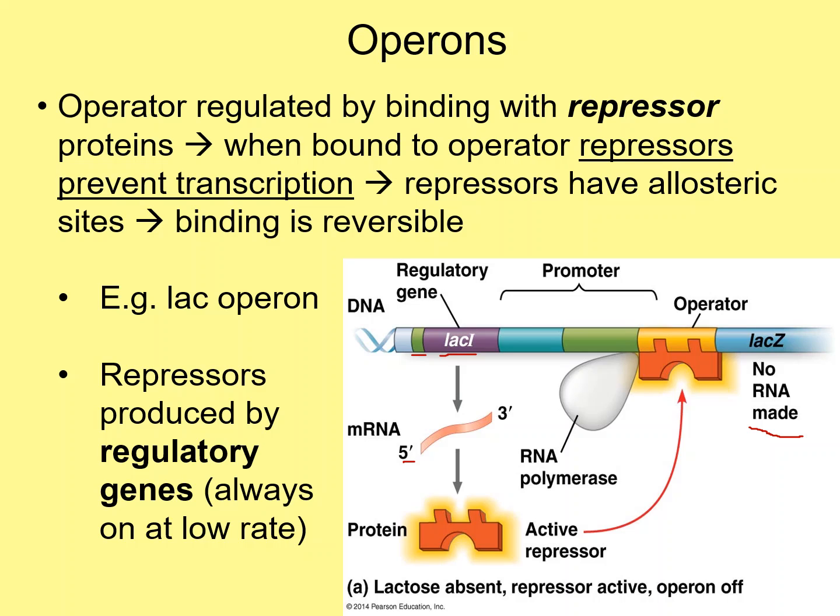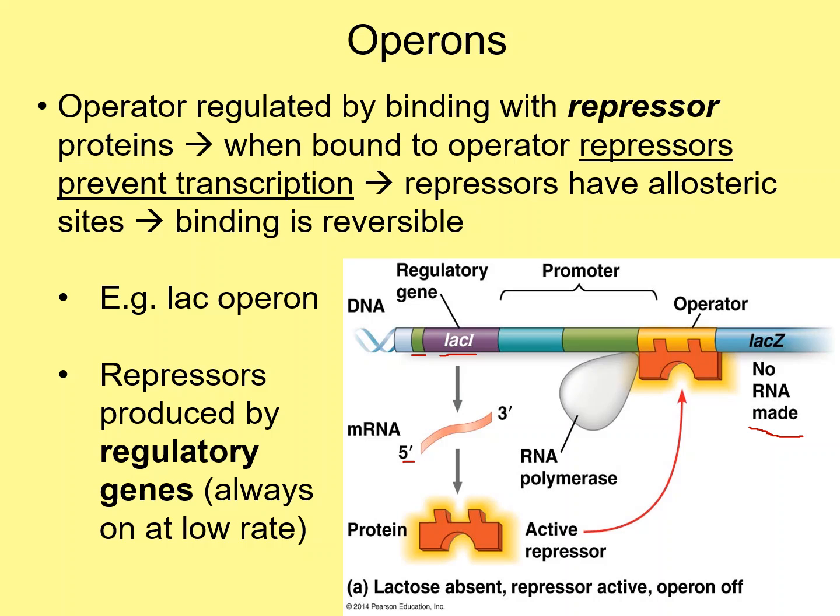The repressors, you notice I said the active form of the repressor, and you're probably wondering, is there an inactive form? And the answer is yes. So repressors are allosterically regulated molecules. And as you guys remember from way back in exam 2, we were talking about enzyme regulation. Allosterically regulated enzymes have an active form and an inactive form.